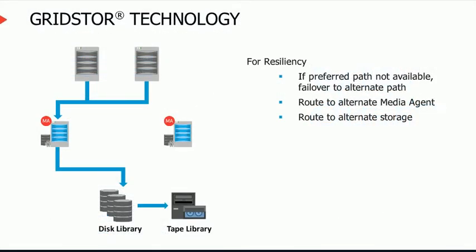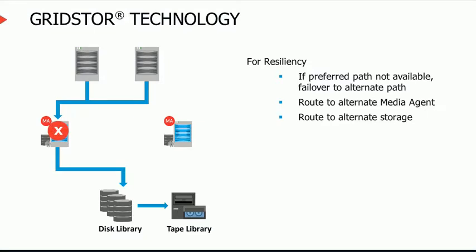To touch on a couple of other relevant technologies surrounding CommVault software data protection capabilities, GridStore technology is a CommVault software capability that provides resiliency and load balancing in organizations. At a high level, GridStore allows for creation of alternate data paths in an environment, which may route data from a client to an alternate media agent or route data to alternate storage.